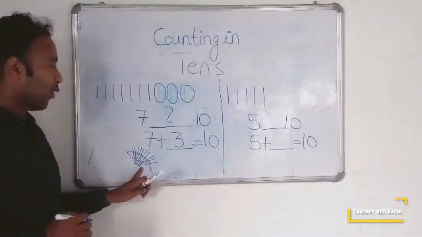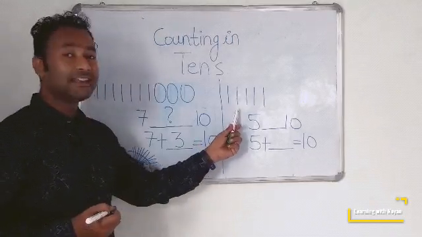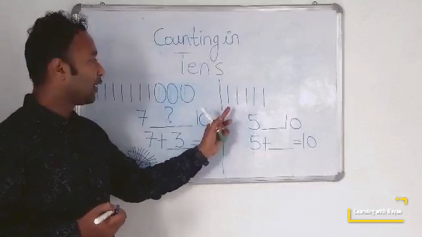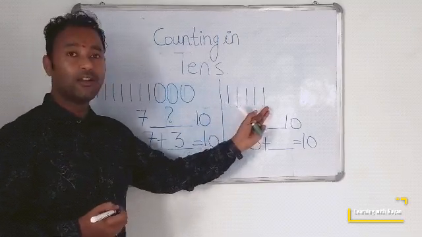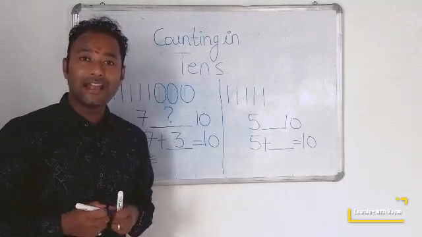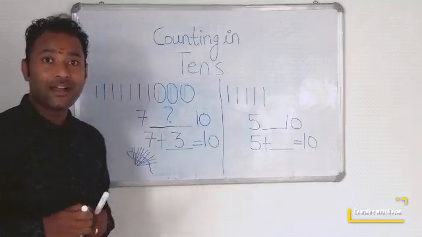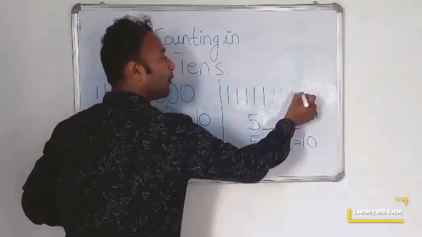Understood students? Okay, let's take another example. In this, how many sticks are there? Yes, 1, 2, 3, 4 and 5. So to make a bundle of 10 sticks, how much will I require? I will require 5 sticks more.